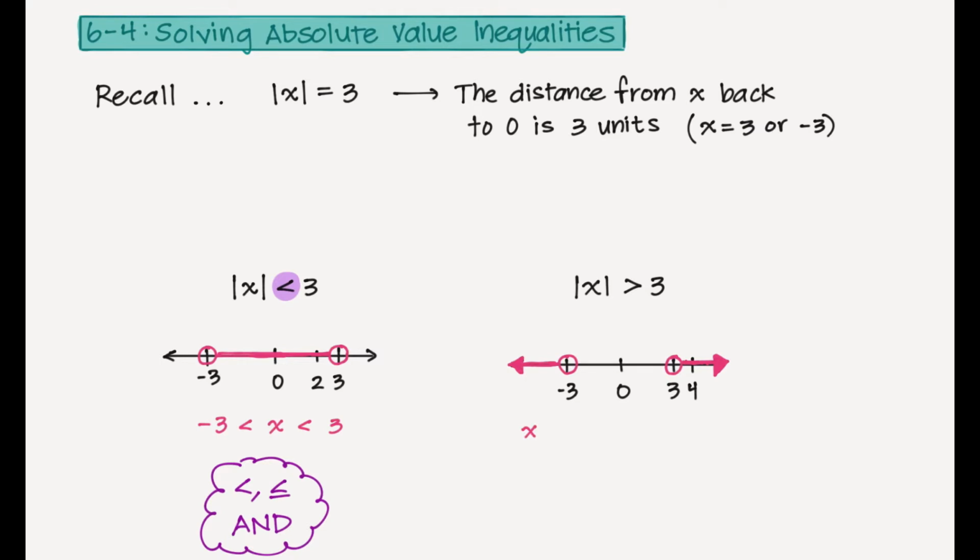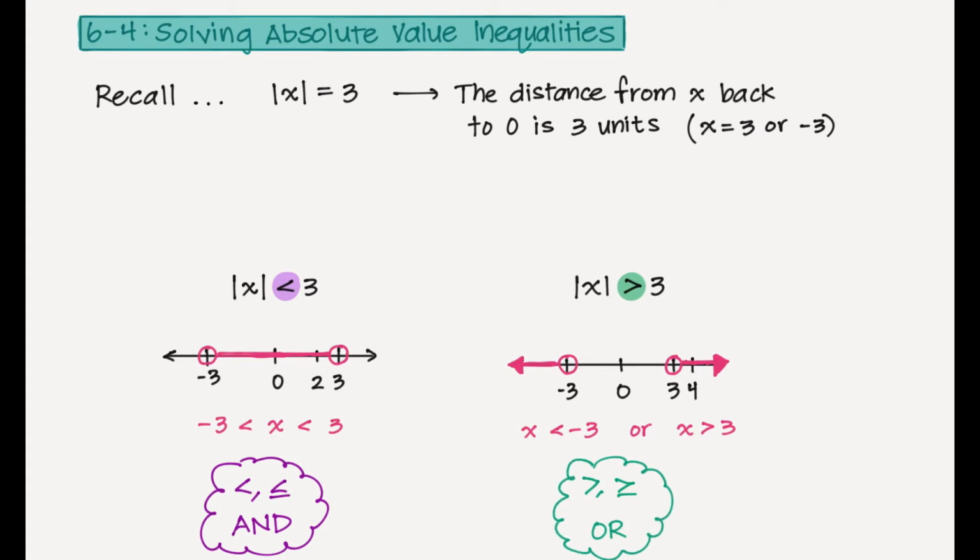So if I was going to write this compound inequality, I would say x is less than negative 3 or x is greater than positive 3. So a tip is that whenever you see a greater than symbol or greater than or equal to symbol, you're going to think of the word or.